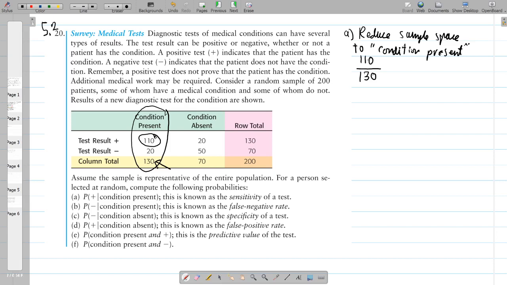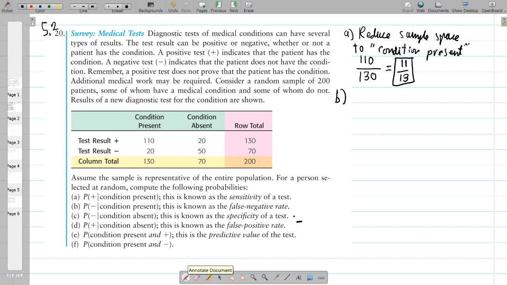And you can, of course, simplify this to 11 over 13. That's A. Okay, let's look at B.